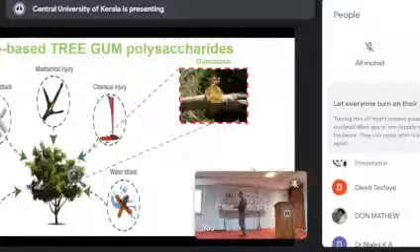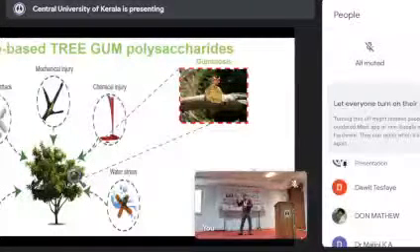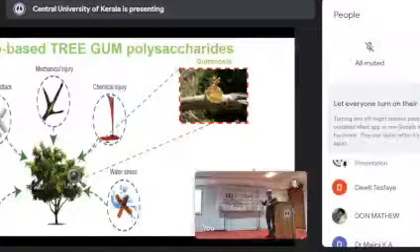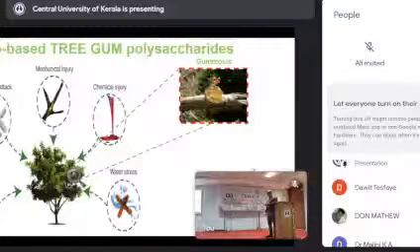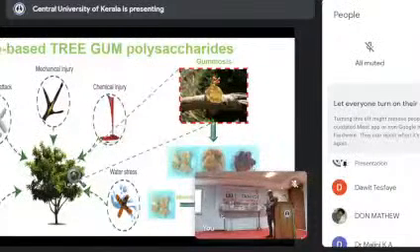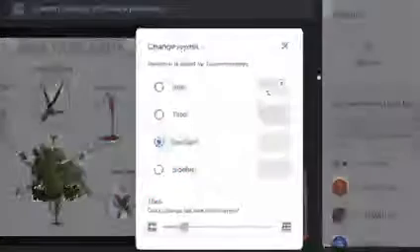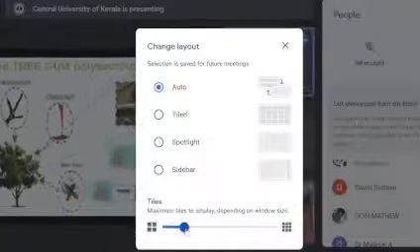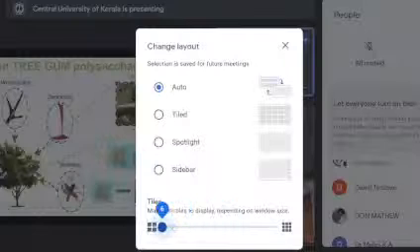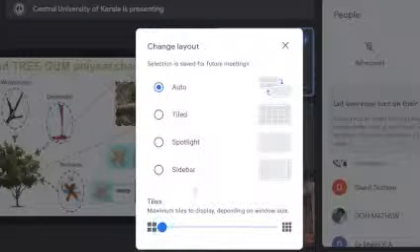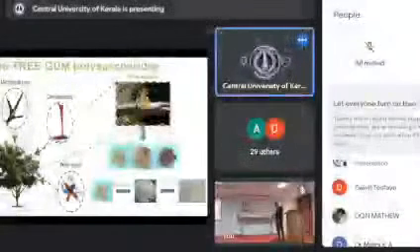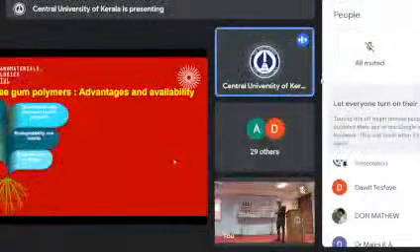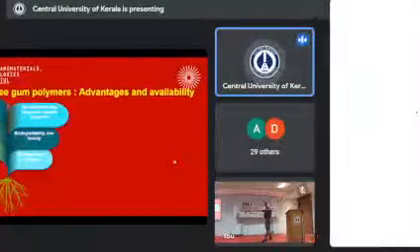This process of forming a gum from the tree is called gummosis. It can be collected in different grades, grade 1, grade 2, grade 3, and they can be milled to powder for various application sections. And this is the importance of the tree gums.